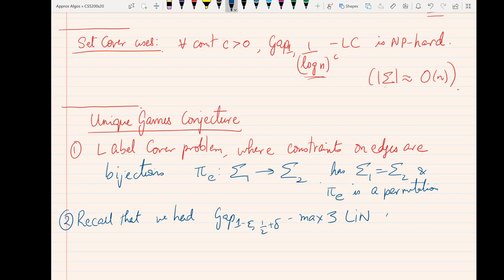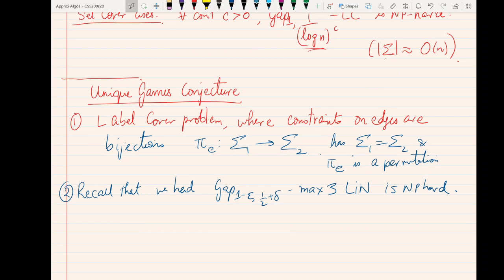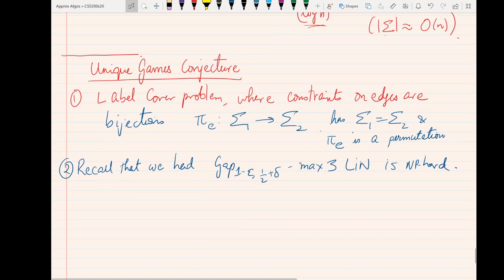So we found that this problem is hard. And the conjecture basically states that you look at a 2-lin version of this and a gap version. Now, in the max 2-lin version of this, I'm going to allow it to be over a larger alphabet.